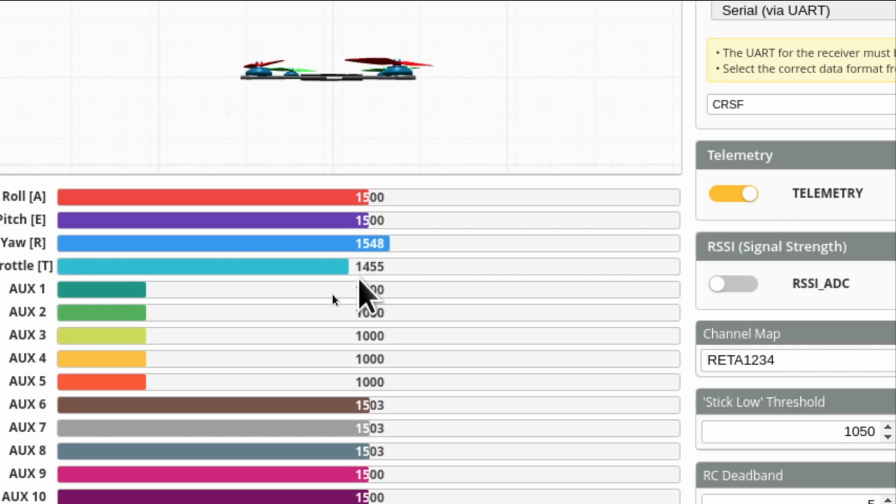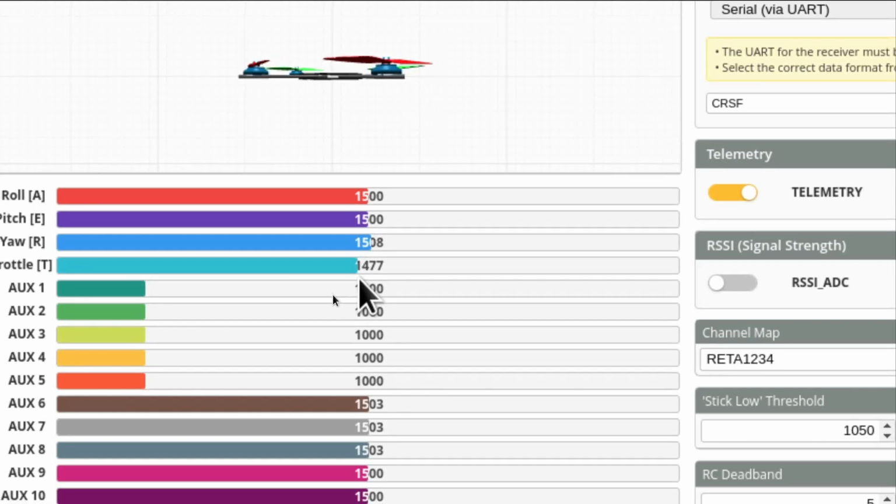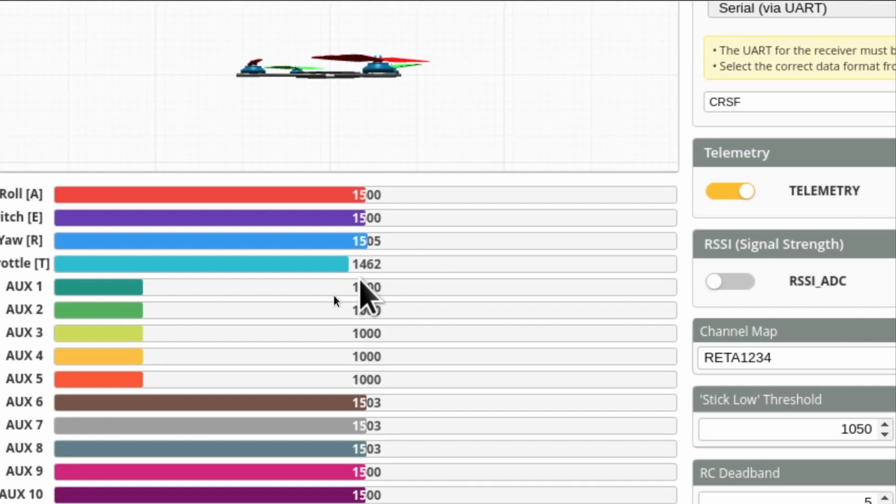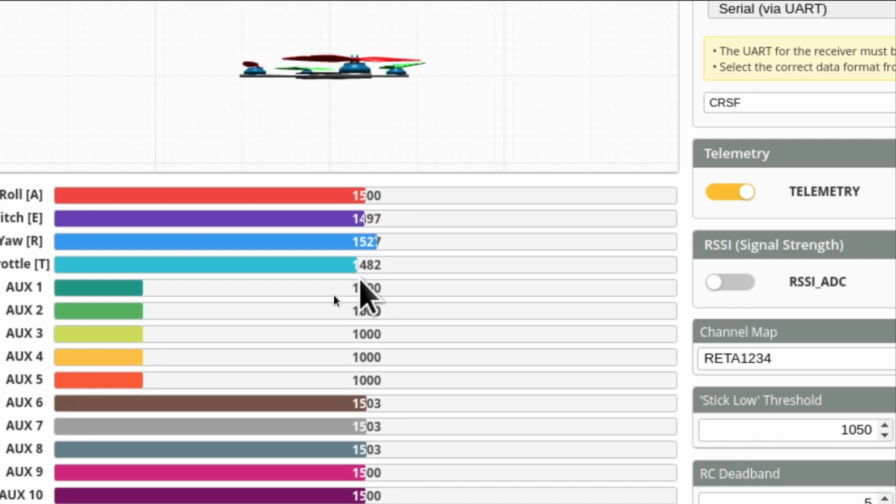If you do an expo around 1450, then since there will be a higher throttle resolution, the amount of value that will be sent to your quad will stay close to that because of the S curve.